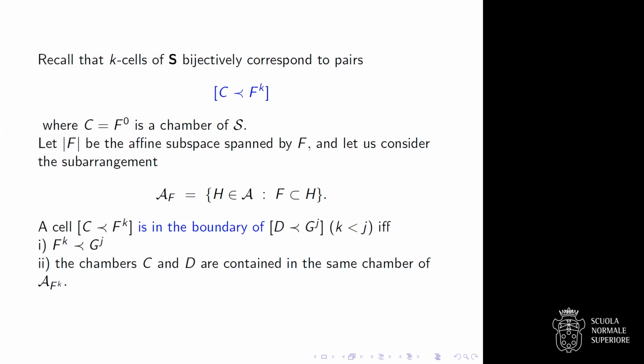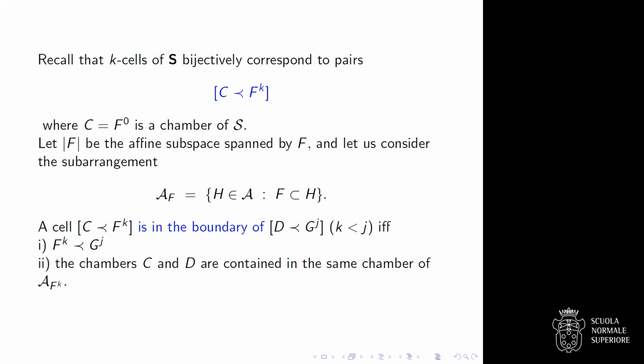So a cell C Fk is in the boundary of another cell D Gj if and only if, of course, Fk is smaller than Gj, and the chambers C and D are contained in the same chamber of the arrangement A Fk, which is given by all the hyperplanes containing Fk, okay?